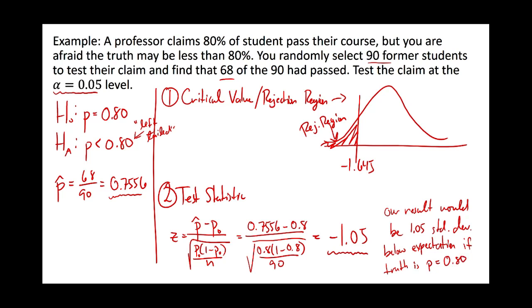So it's a measure of how likely our result would be under their claim, basically. That's what the test statistic is doing.